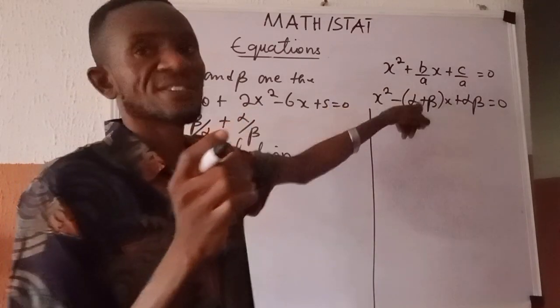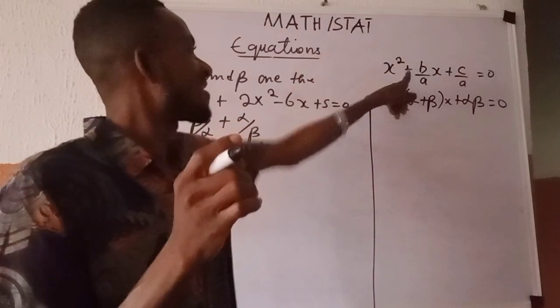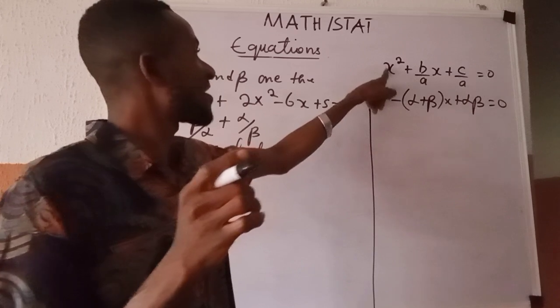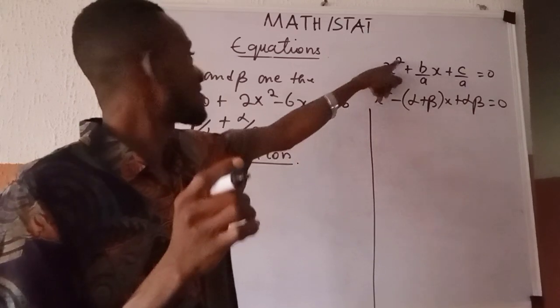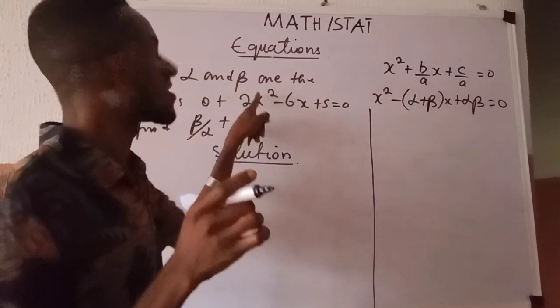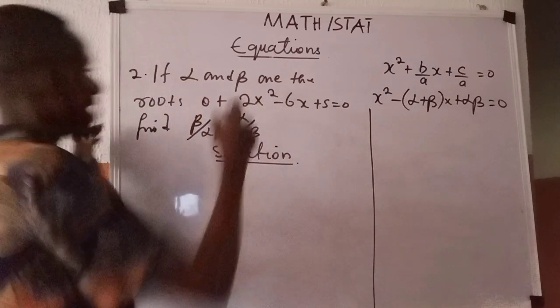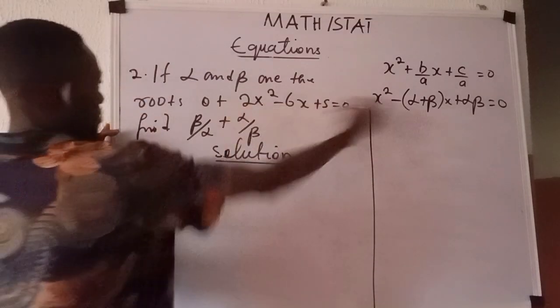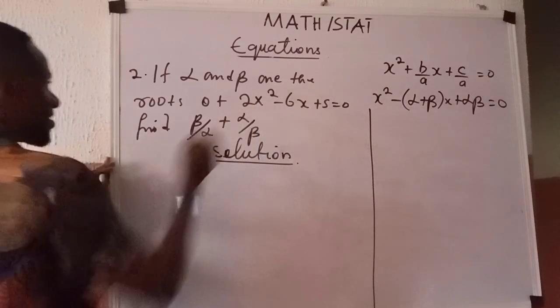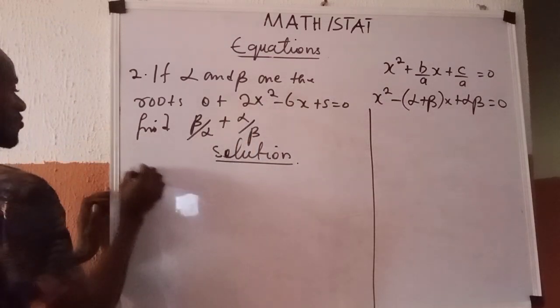Looking at these things means you make sure that the coefficient of x raised to power 2 is 1. If you come here, the equation is not 1, so we must make effort to make the equation to be 1. By making it 1 here, we are going to divide all through by 2.